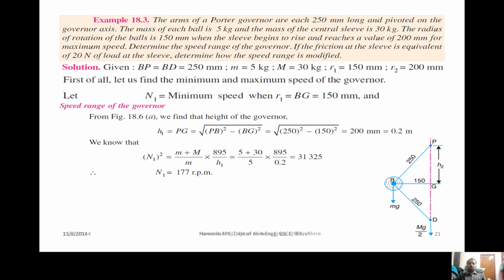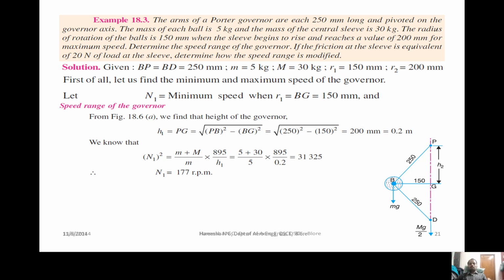Given data: BP and BD equal to 250 mm, small m 5 kg, capital M 30 kg, R1 is equal to 150 mm and R2 is equal to 200 mm.